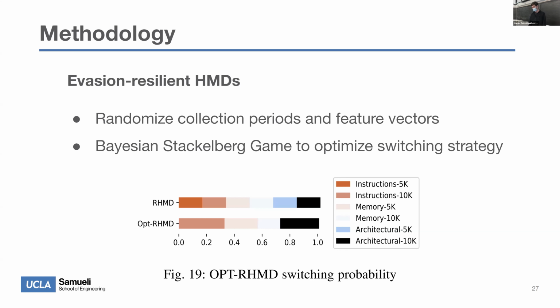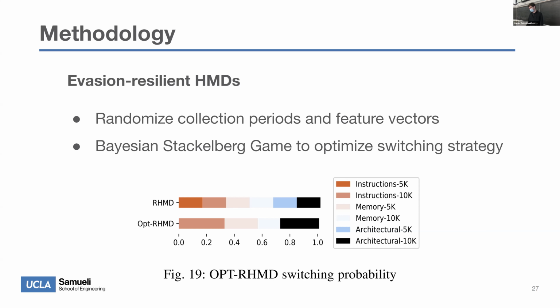Then a Bayesian-Stackelberg game was used to optimize the switching strategy of RHMDs for both accuracy and robustness, which resulted in opt-RHMDs, which used 4 of the 6 presented possibilities for detectors to achieve the maximum accuracy and robustness.